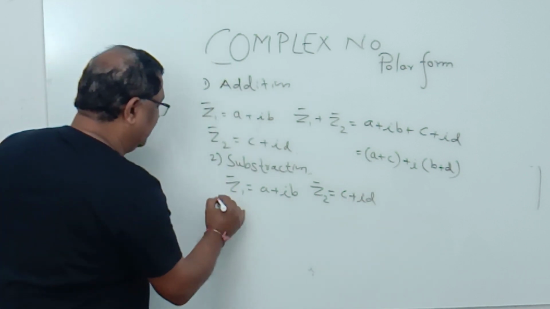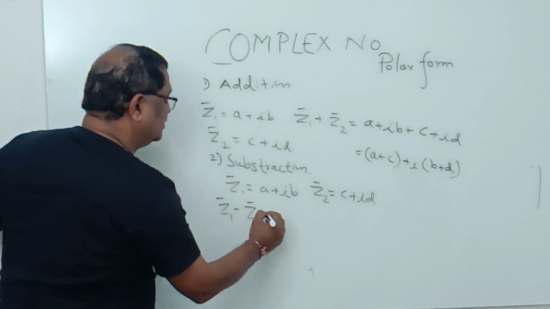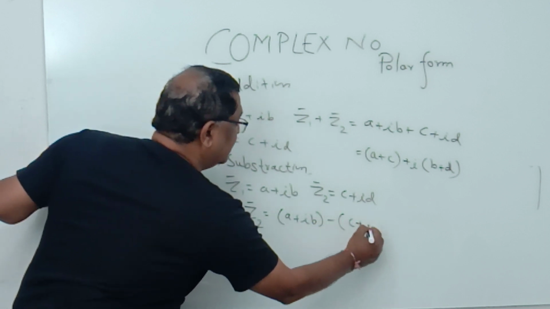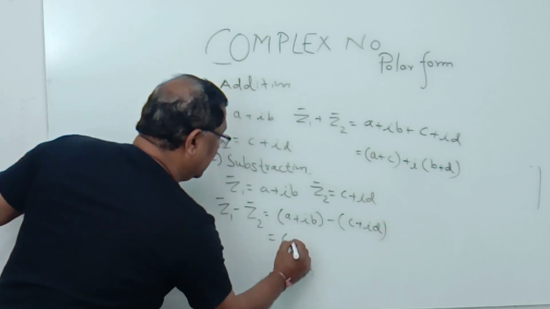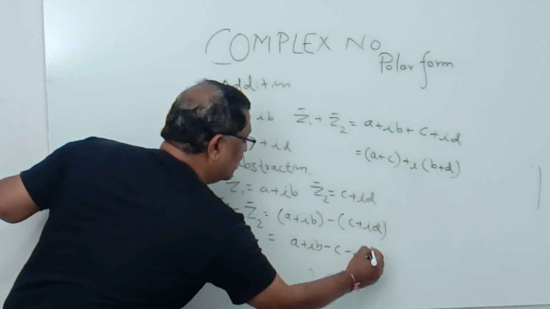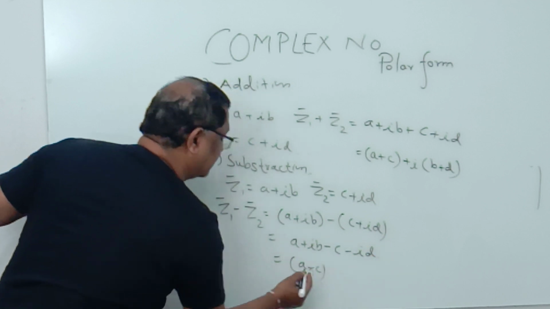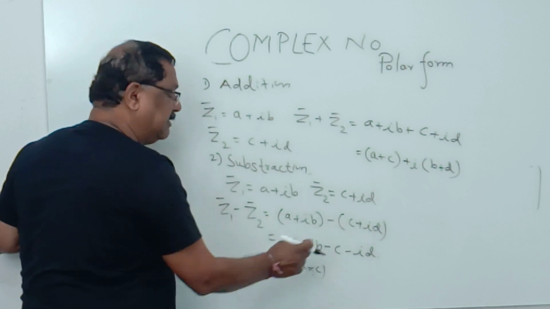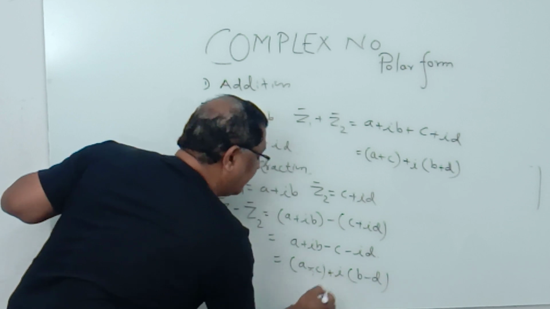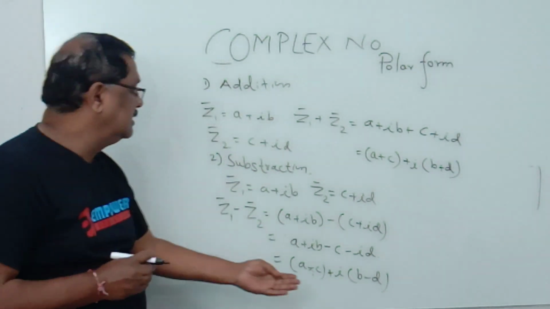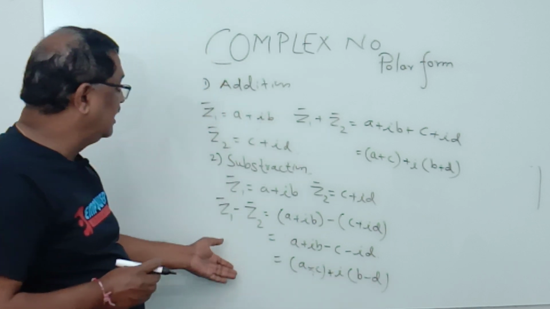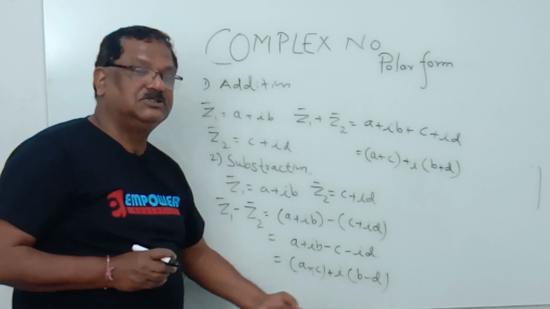The resultant will be Z1 bar minus Z2 bar, which is A plus IB minus of C plus ID, which I can write as A plus IB minus C minus ID, which I can write as A minus C, subtracting the second real part from the first real part, and subtracting, I am taking I common, B minus D, which is the subtraction of imaginary parts. So the resultant will be subtraction of real part and subtraction of imaginary part.